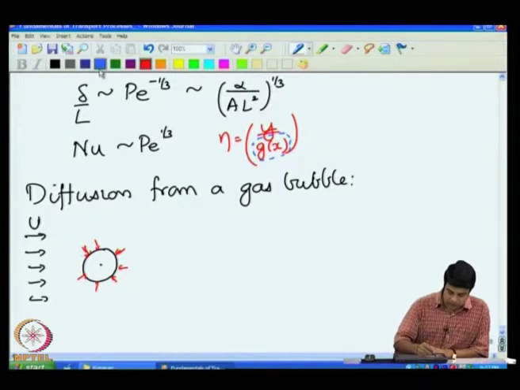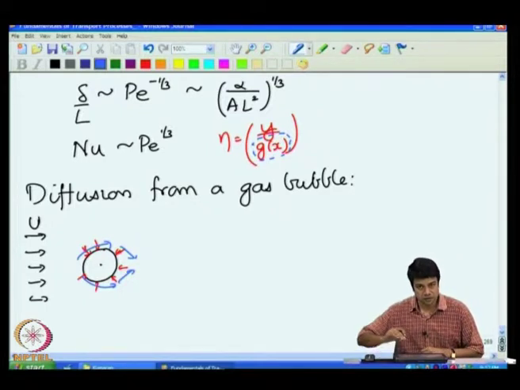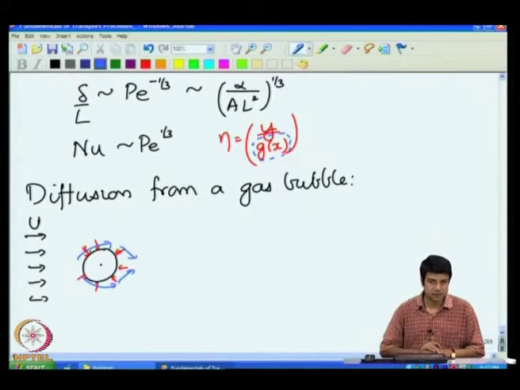However, the tangential velocity along the surface of the bubble is not 0 because the fluid can have a non-zero tangential velocity along the surface. So, in general there is a 0 shear stress condition, which basically means that the gradient of the velocity has to be 0 at the surface, but the velocity itself does not have to be 0 at the surface. The question is, in this case, what is the relation between the Peclet number and the Nusselt number?